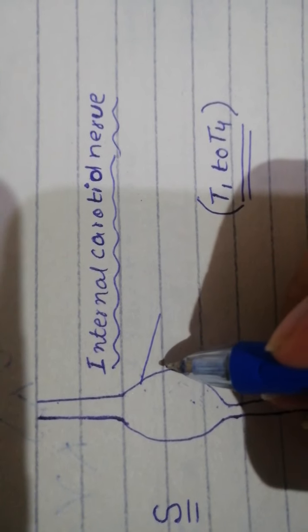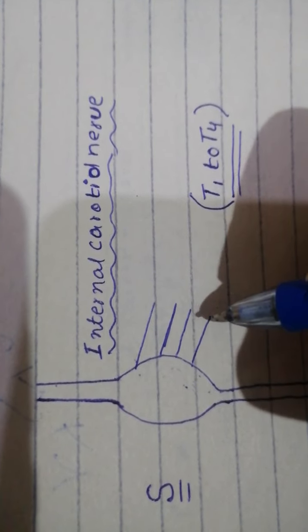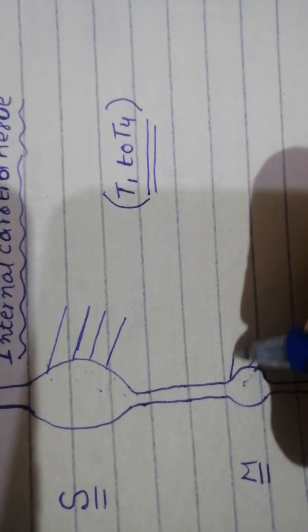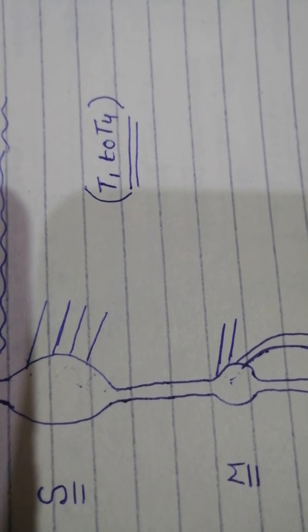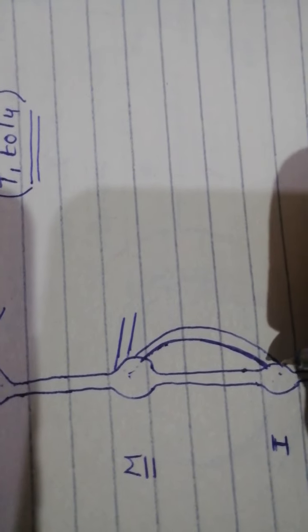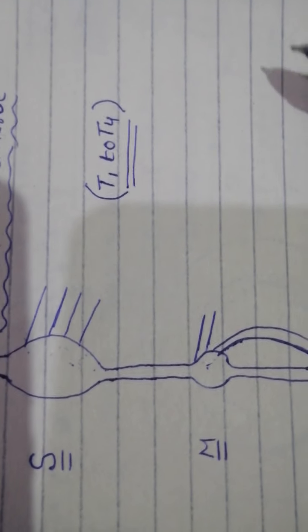The first one contributes a total of 4 gray rami communicants to the upper 4 cervical spinal nerves, the middle contributes 2 of them to the 5th and 6th cervical spinal nerves, and the inferior one will contribute to the 7th and the 8th. So that's a very neat way to understand that.